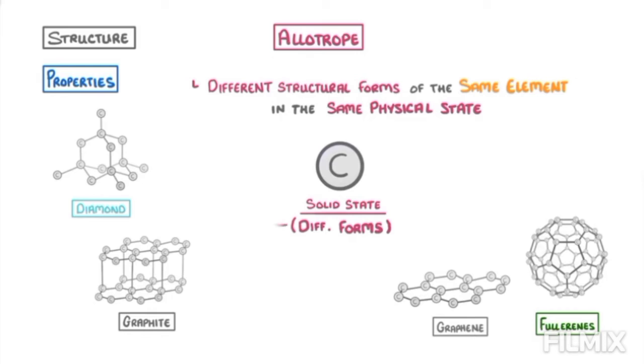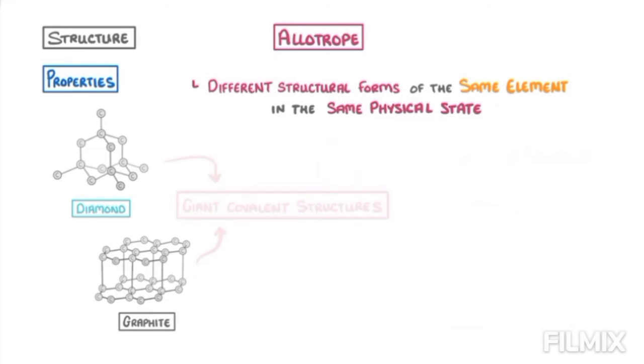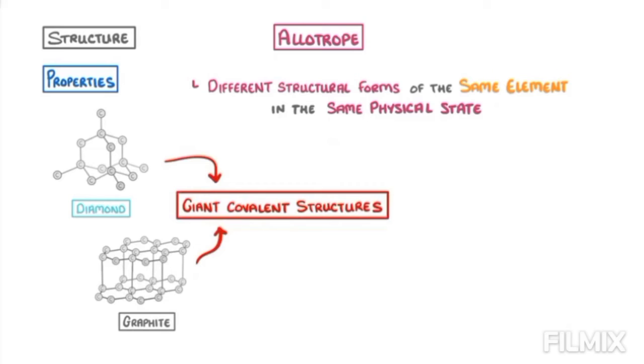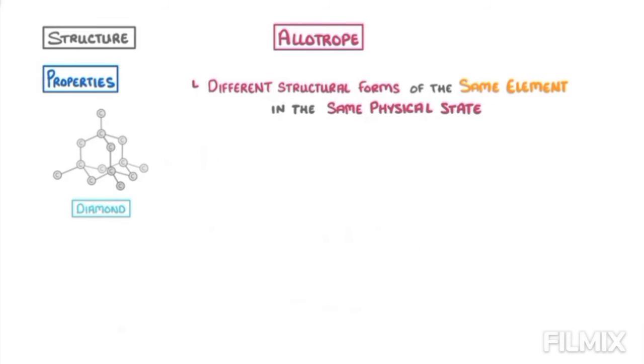Here the element is carbon. All the atoms in these are carbon, but they have different structures. Diamond and graphite have giant covalent structures, which means all the atoms are covalently bonded in it.